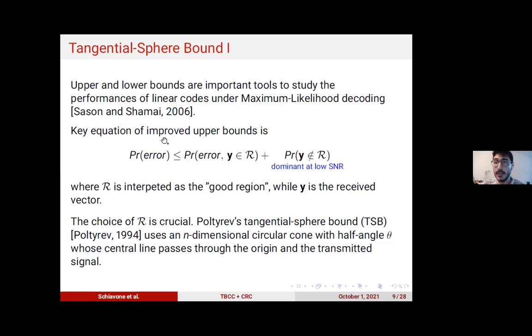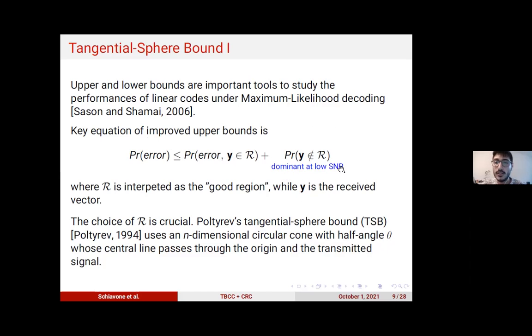But we can do better than that upper bound, and the key equation to do better is based on this simple upper bound, where the probability of error can be upper bounded by the probability of error while the received vector belongs to a certain region, plus the probability that the vector does not belong to our region. Okay, and this second term is dominant at low SNR.